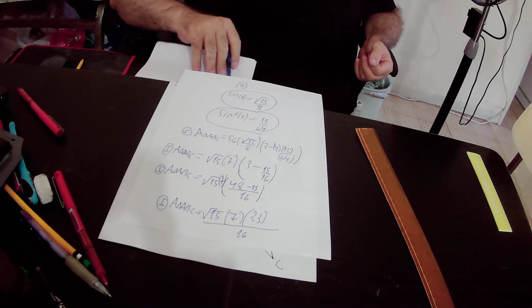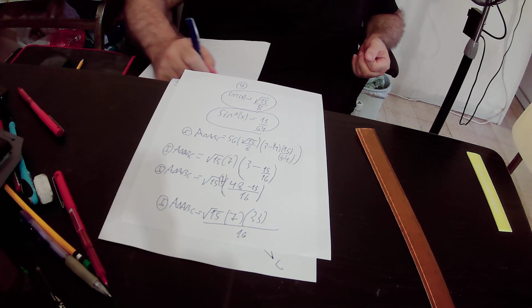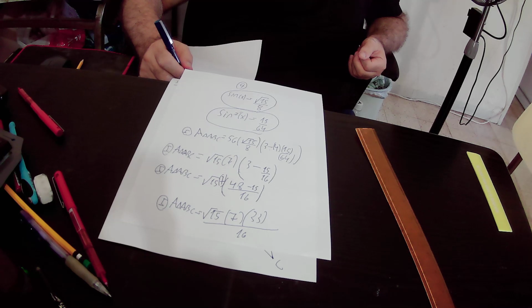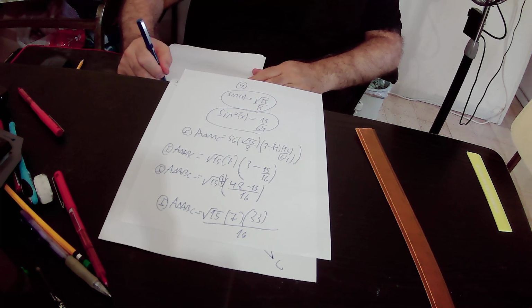So the final answer is that the area of triangle ABC equals root 15 times 231 over 16 square units.